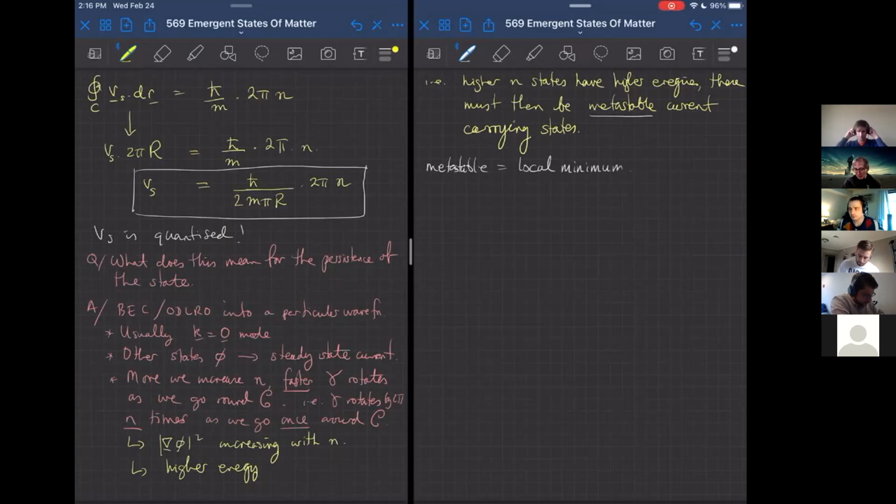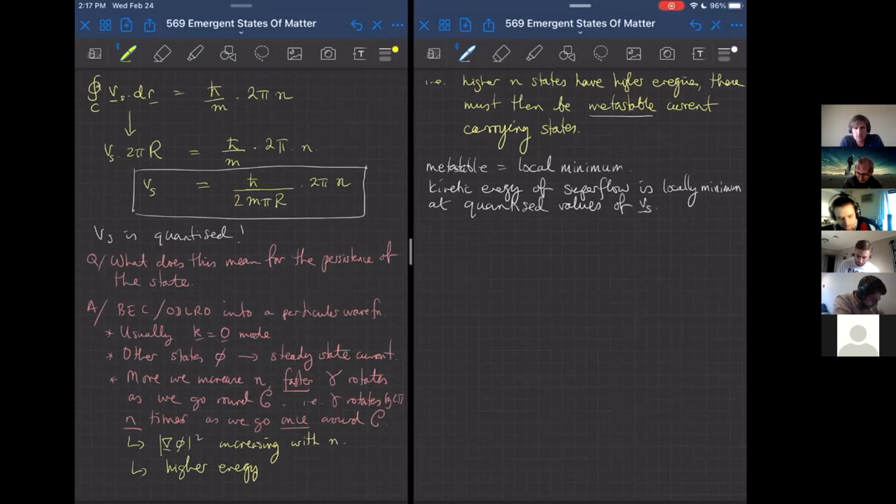So what that means is that the kinetic energy of the superflow is locally minimum at the quantized values that we've just calculated.